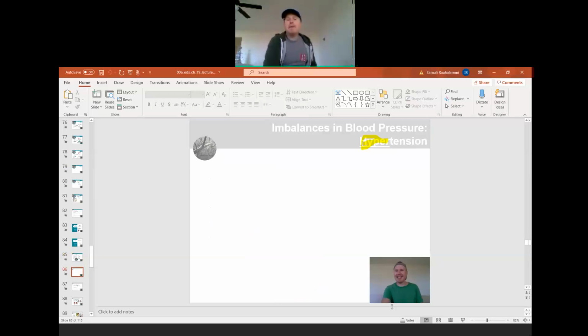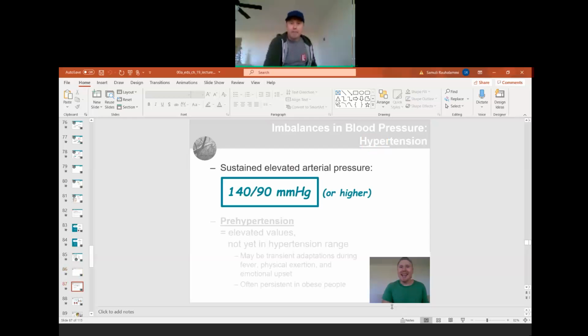And sometimes we have some issues with blood pressure, and we're going to look at two cases, too high and too low blood pressure. So hypertension is when you have too high blood pressure. And I think the latest I saw in the clinical use, it was classified as 140 over 90 millimeters of mercury.